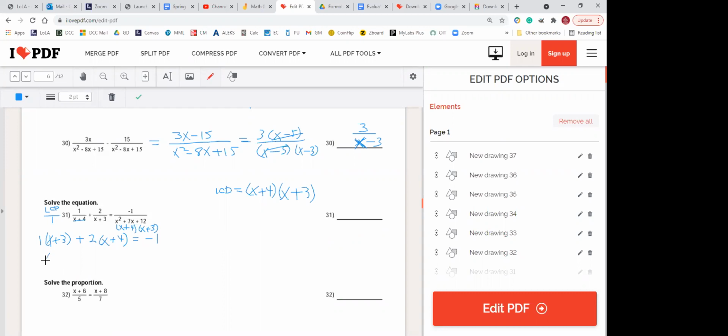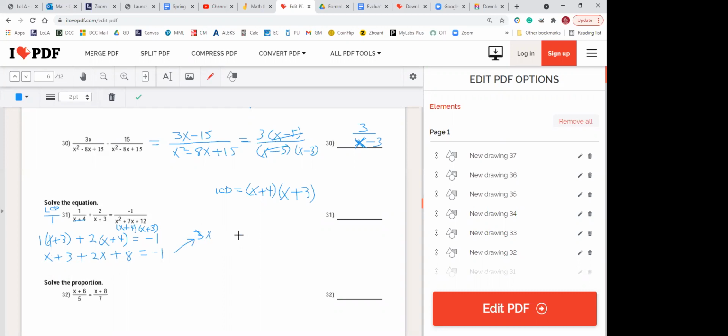All right, so that's just x plus 3 plus 2 times x, which is 2x. 2 times 4 is 8. Is equal to, so we're going to put together the x's. X and 2x is 3x. So this is going up here.